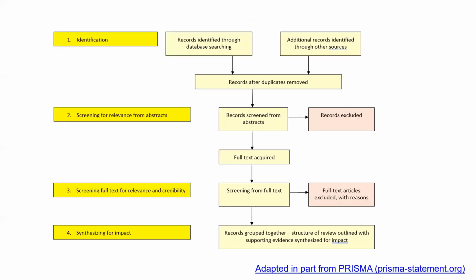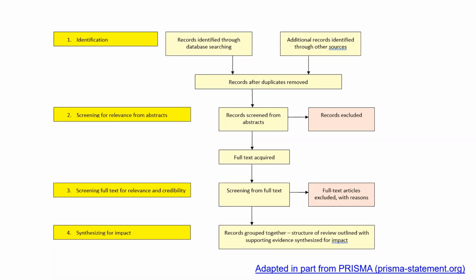So another way to think about this is to look at a chart like this. And some of you will undoubtedly recognize this as being adapted from the Prisma flowchart, which is the reporting scheme for systematic reviews. So it's not exactly the same as a Prisma flowchart, but it is based on it.